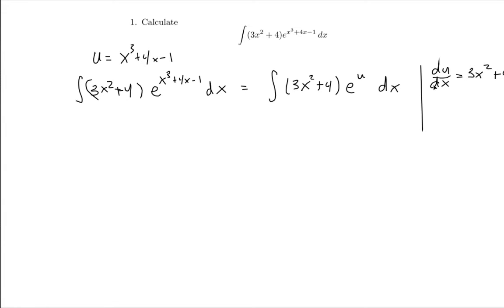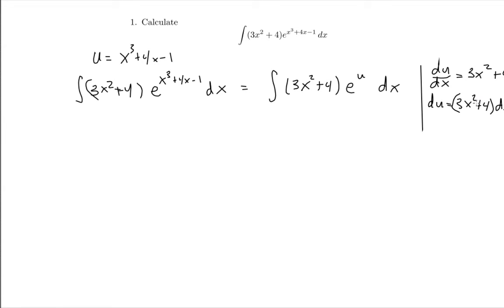And then we pretend as if this is a fraction. Of course, this is not a fraction, but it just so happens that if we pretend this is a fraction and solve for dx, it actually ends up working out nicely for us. So we multiply both sides by dx. So I get du is equal to 3x squared plus 4 dx.